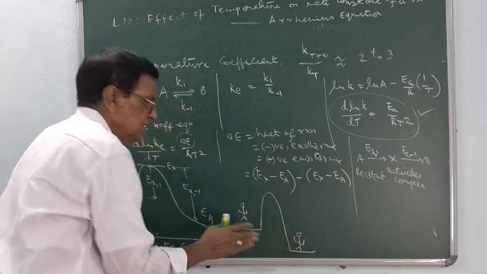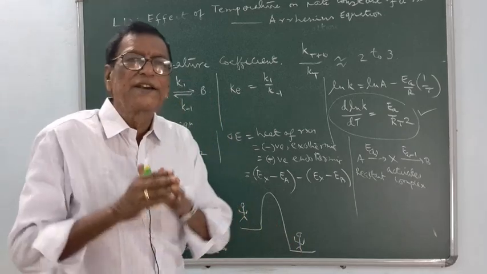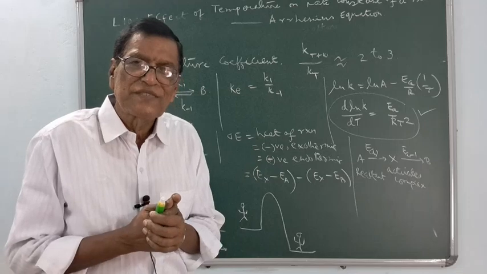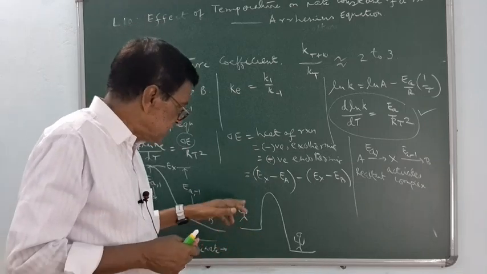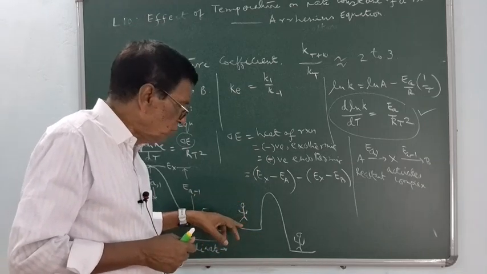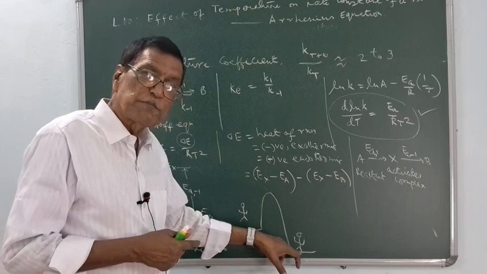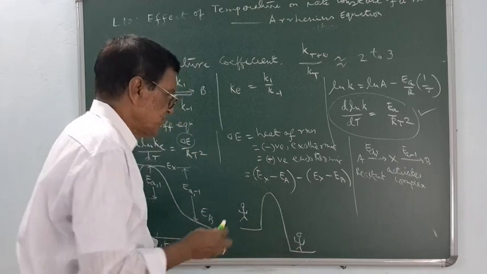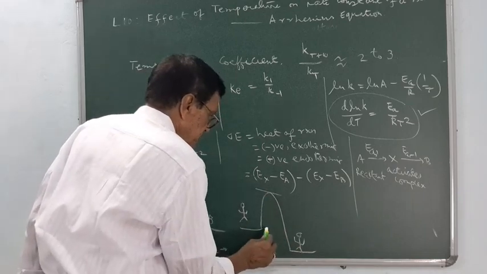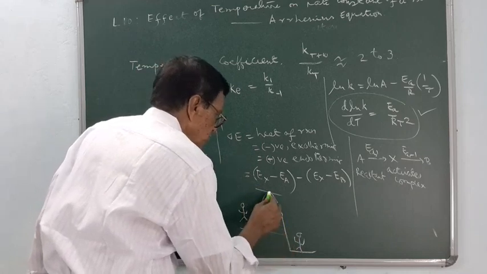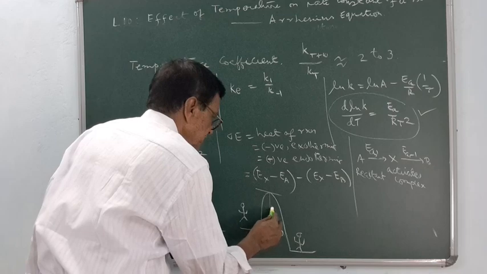The man will go from one plain land to another plain land. But this person cannot go straightway to this plain. They will have to cross this energy barrier.